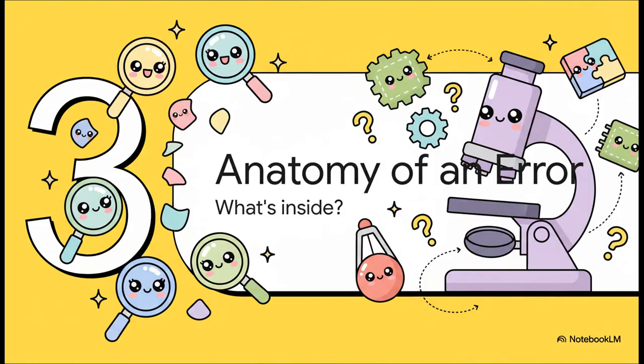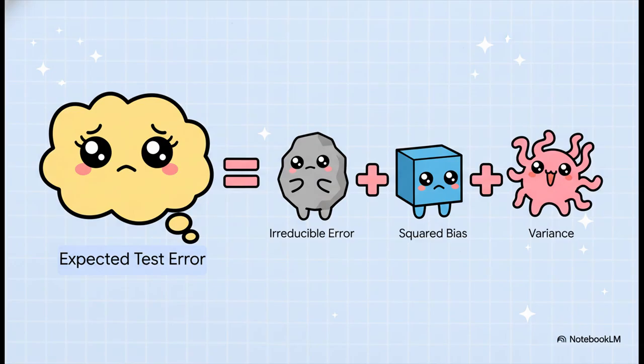All right, so now we've got a solid way to estimate our generalization error. So let's actually put that error under a microscope. What's it made of? What are its different parts? So it turns out, when we're using squared error as our loss function, something really cool happens mathematically.